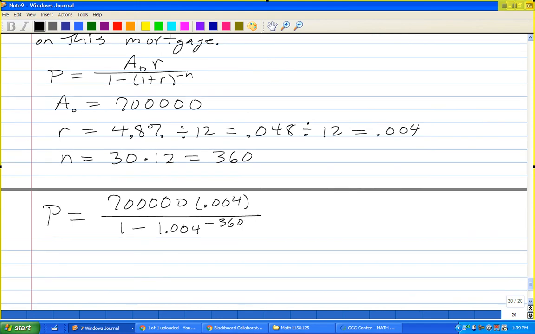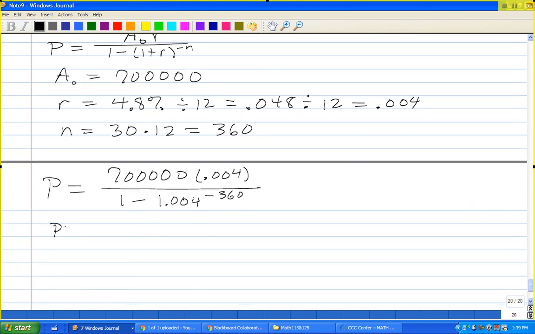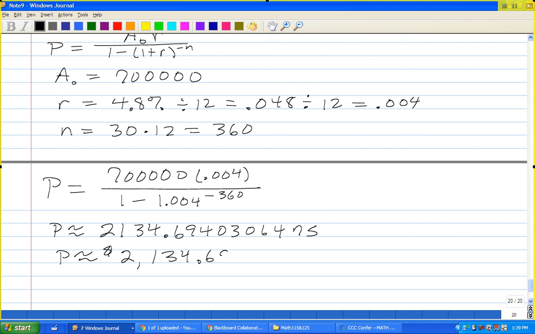So this is approximately 2134.69406475, which is approximately $2,134.69. So that's the approximate amount that you would pay for the mortgage.